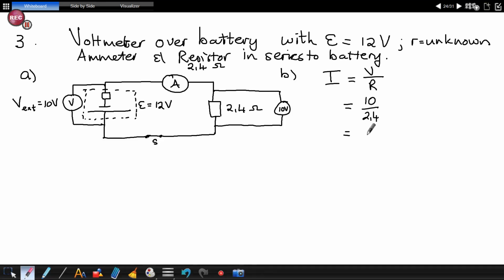Okay, what do we get? 4.16 ampere. So technically, 4.17. So this is technically the external voltage and the external resistance.